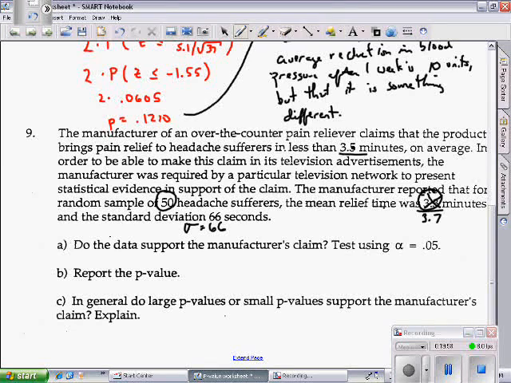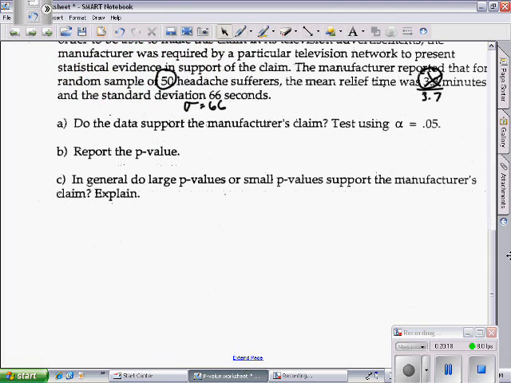And I'll tell you why in just a minute, but let's change it and make it a little bit easier, or a little bit more reasonable question here. Question A says, do a hypothesis test with alpha is 0.05. B says, report the p-value. And then C, kind of talk about p-values for a second and see if you understand them. So HO says that mu is 3.5 and HA mu is greater than 3.5.